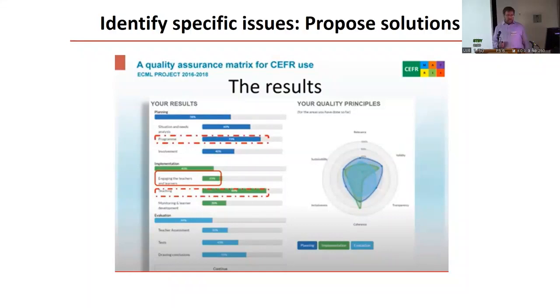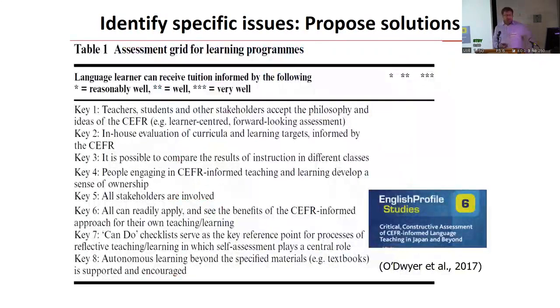So if we go back to this assessment grid for learning programs, this was a learning project that is part of this edited volume. There's actually 3 chapters in it, sub-chapters, because they did quite a large project and it took them a long time to do it. But the beginning was assessing their learning programs and seeing what they needed to work on.